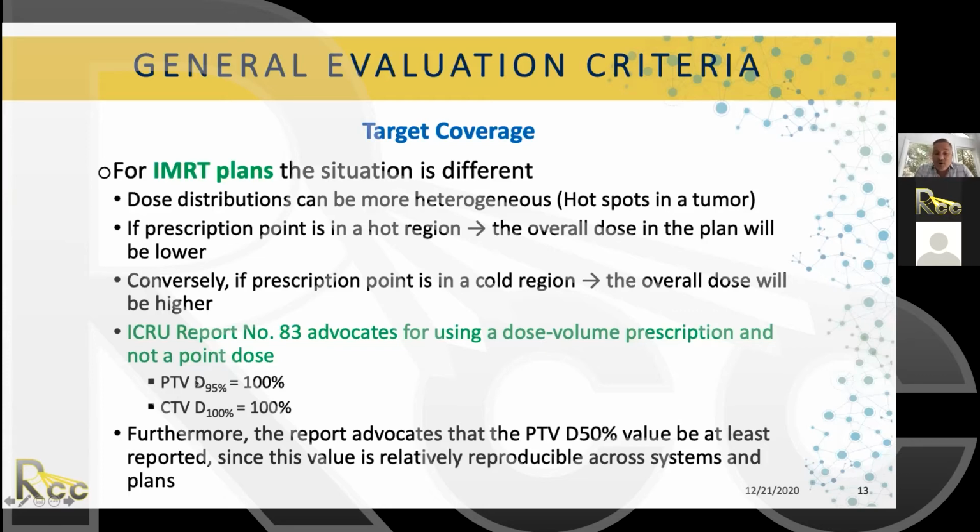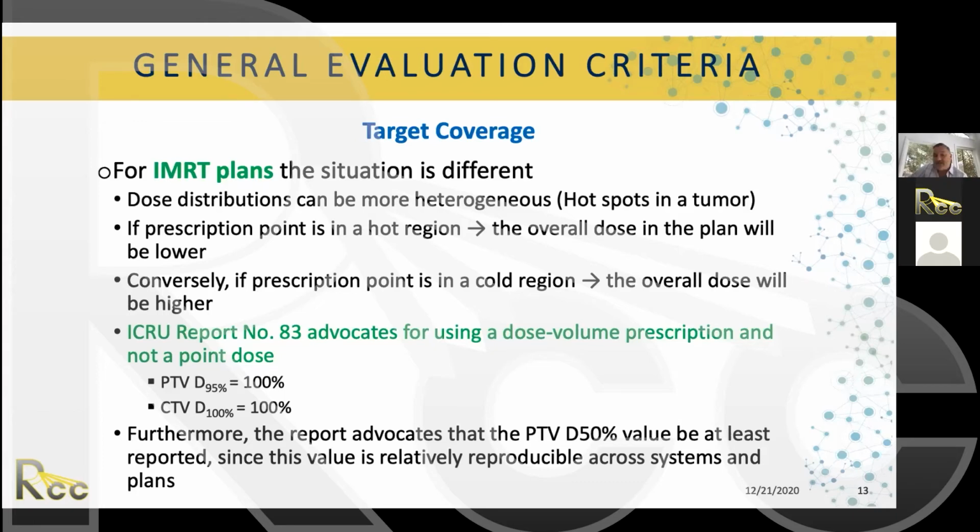This report also advocates that the PTV D50% be at least reported, because this value is relatively reproducible across systems and plans. The D95 can be a little bit different, but the D50 of the PTV is very reproducible across different treatment planning systems and different plans.